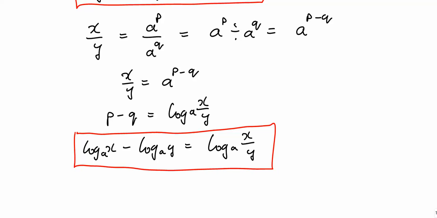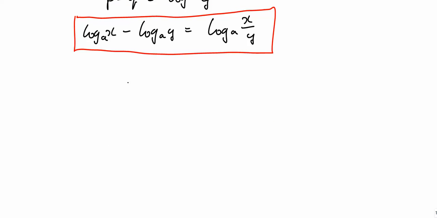Thirdly, if we have x equals a to the power of p, and I raise x to the power of n, I have x to the power of n is a to the power of p all to the power of n, which of course by the multiplication rule of indices is a to the pn, or a to the np.